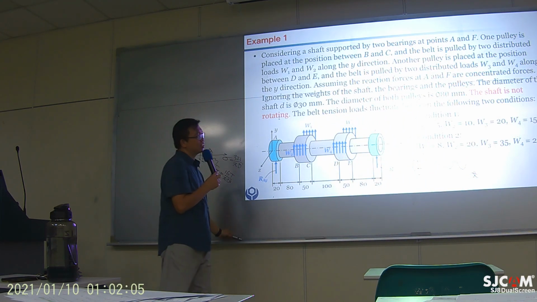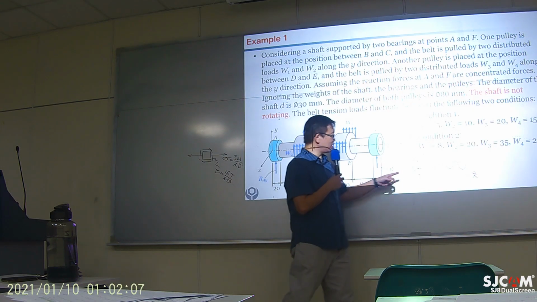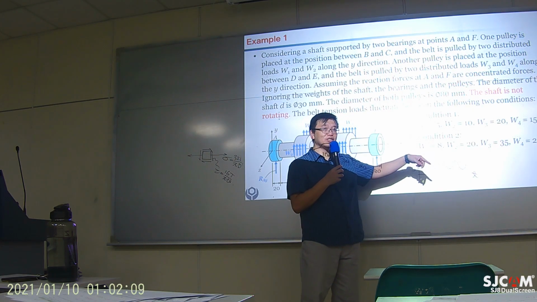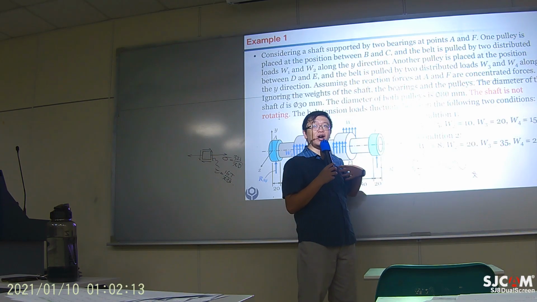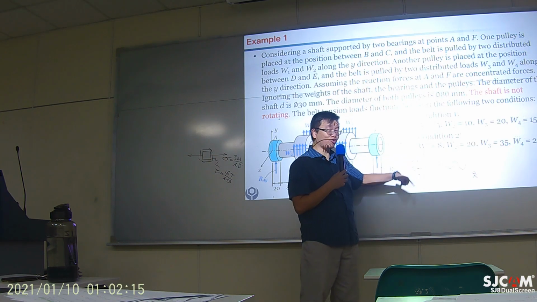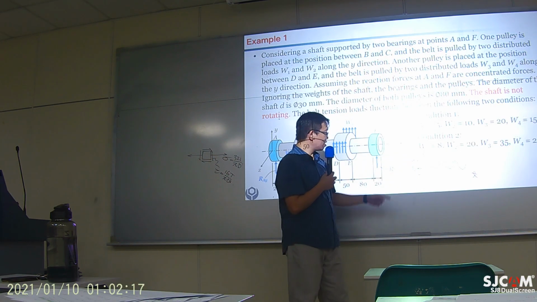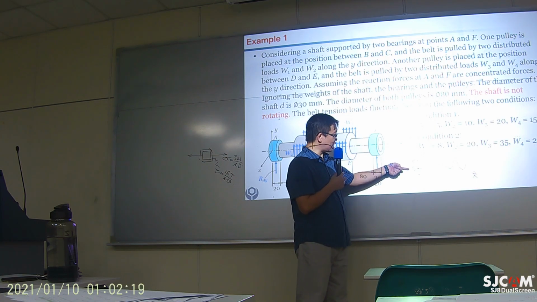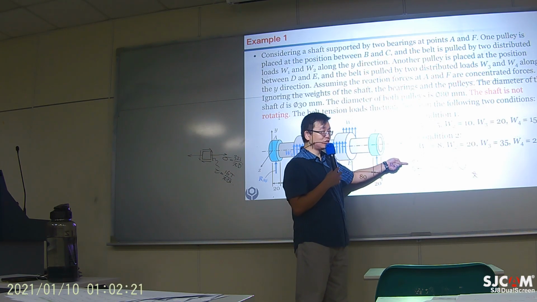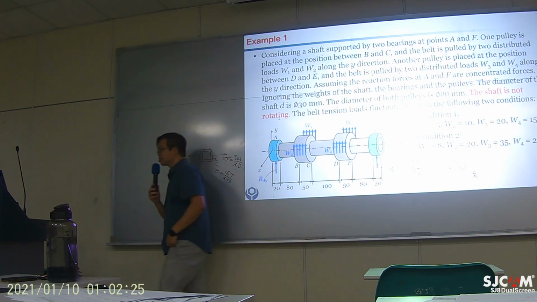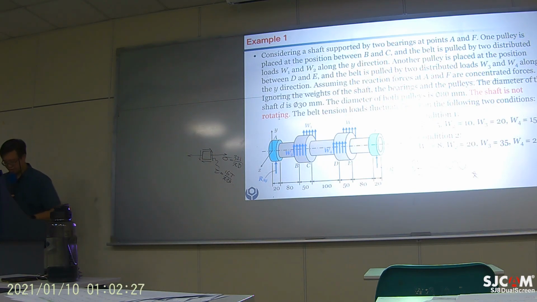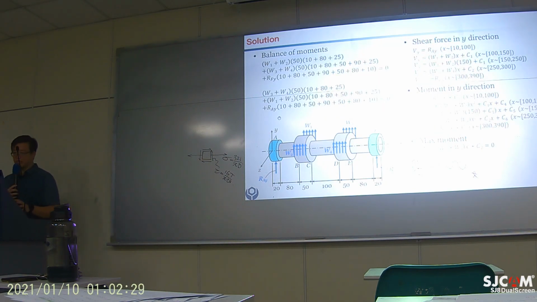For us, we don't really need to know the function. We just need to know the range, because we only care about the extreme case. From here, we can tell what's the average and what's the amplitude. So this is how you solve it.